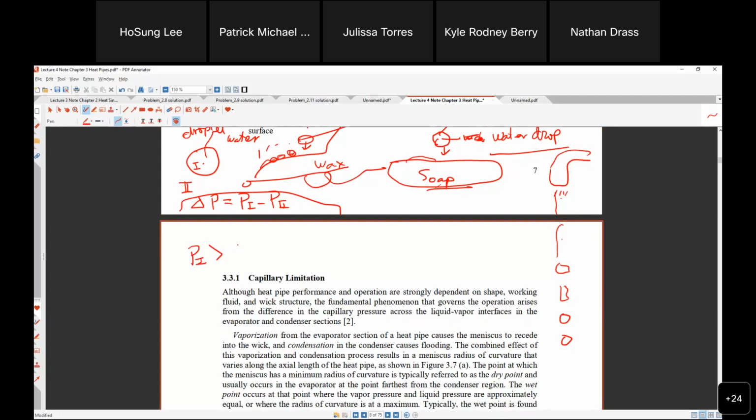Inside is higher than outside. Why? Do you know why? Any equation you can use? Young-Laplace equation: P1 minus P2 is 2 sigma over R. You have to use it.